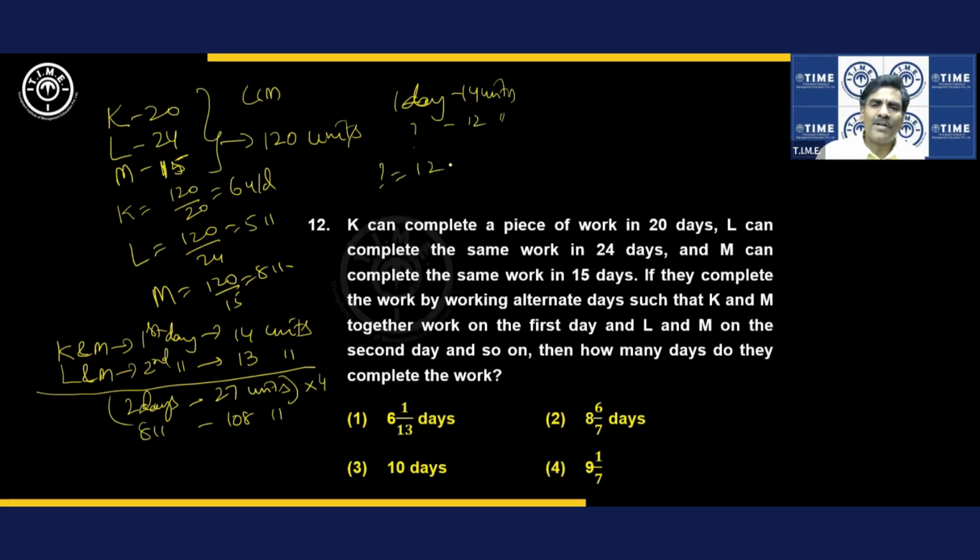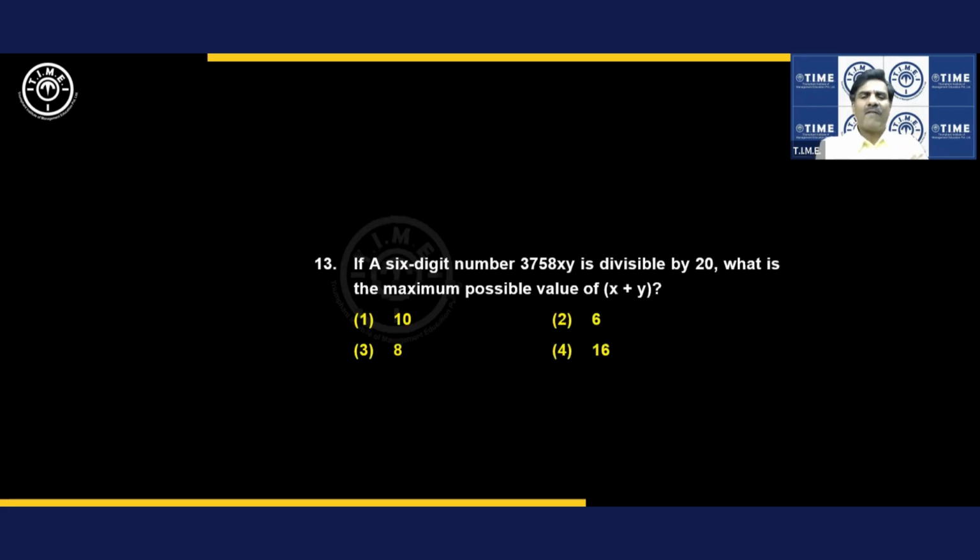That will be 12 into 1 day by 14, means 6 by 7 days. So the work will be completed on the 9th day, with 8 full days complete and on the 9th day only 6 by 7. So it will be 8 6 by 7 days. So the answer for this question should be choice 2, 8 6 by 7. Slightly lengthy. Better we come back to these questions whenever we have time.